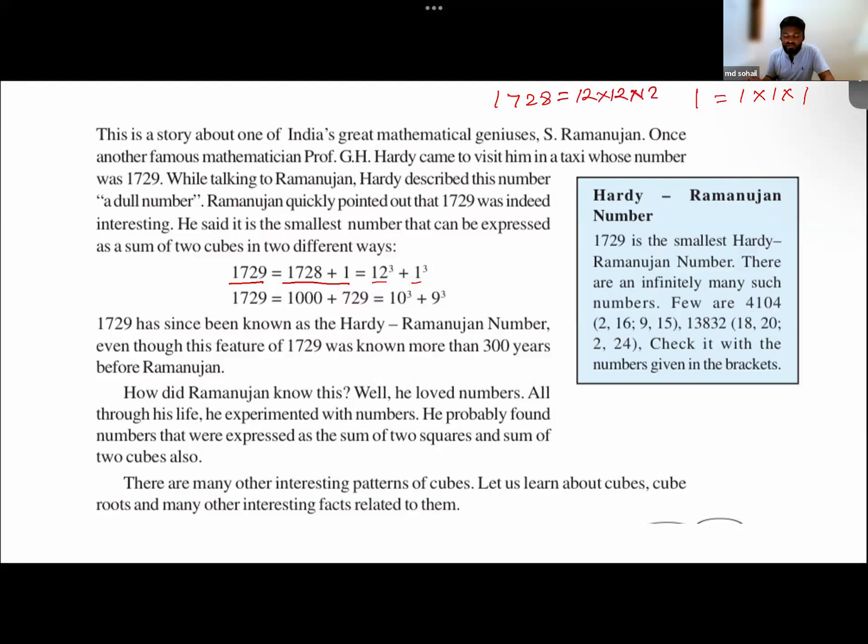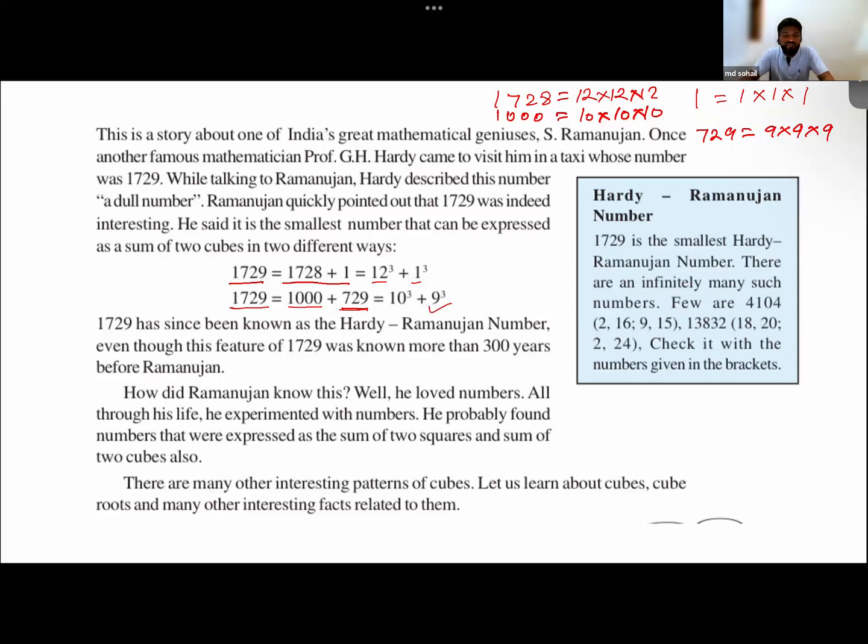Not only this, 1729 is the sum of two other cube numbers also. So he got another pair of numbers, 1000 and 729. 1000, we know, can be written as 10 multiplied 3 times, and 729 is basically the cube of 9, that is 9 multiplied by 9 multiplied by 9.